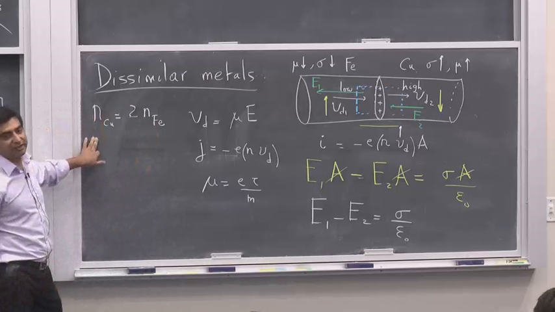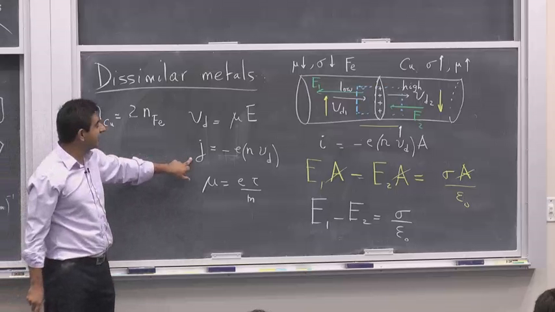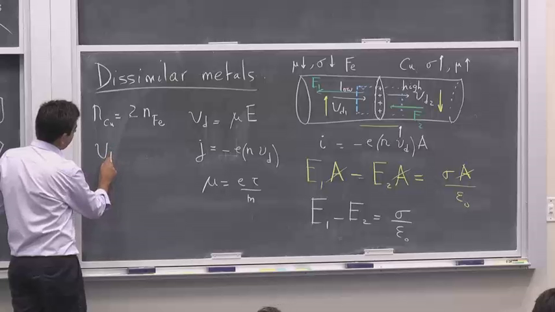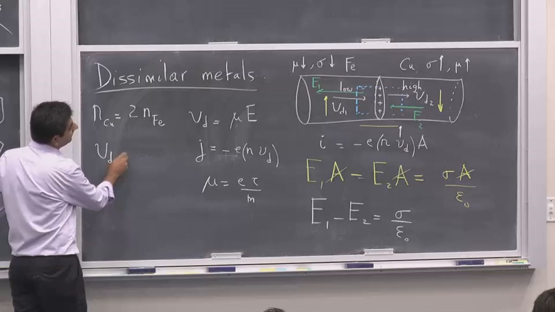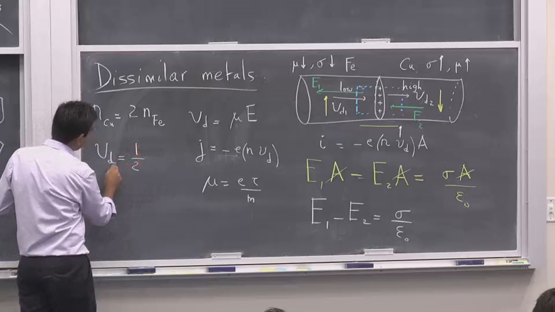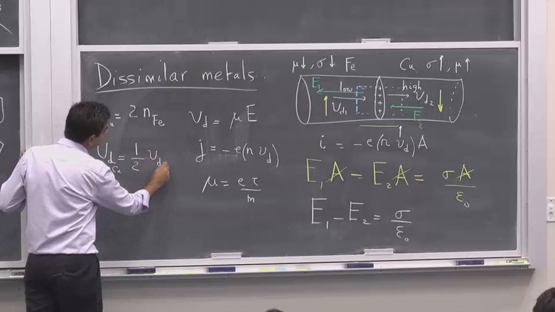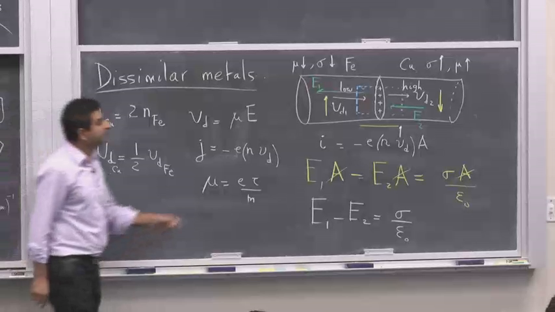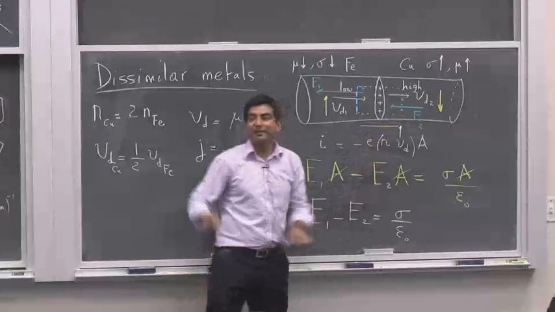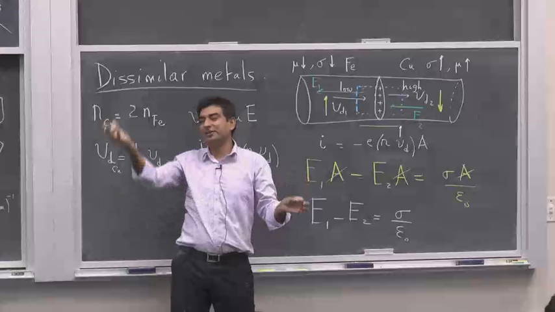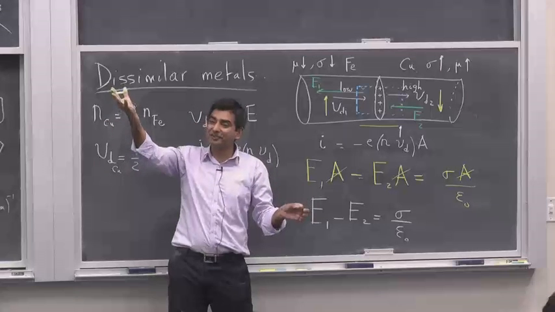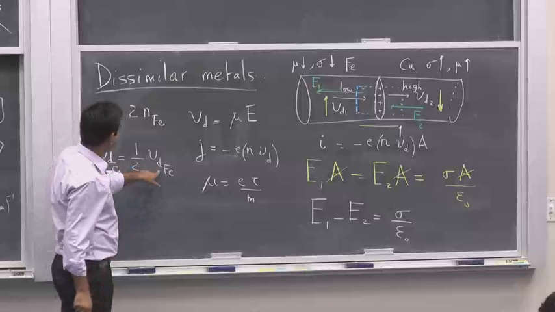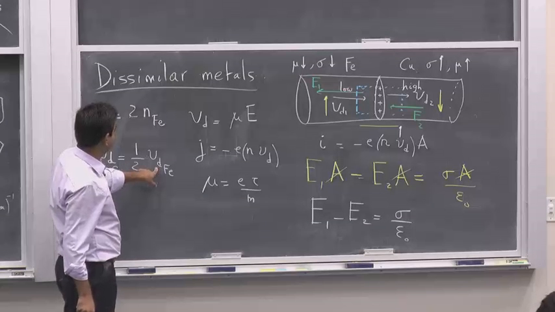Now if this supposition is correct, if the current density has to be the same, then VD in copper has to be 1/2 of the drift velocity in iron, right? Because the current densities have to be the same. So this means that the drift velocity in copper is actually smaller than the drift velocity in iron. The drift velocity in iron is larger. Now if the drift velocity in copper is smaller, then it's half the drift velocity in iron.